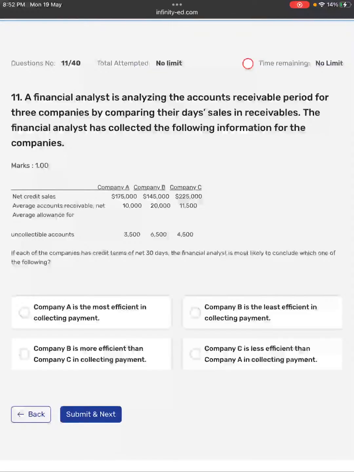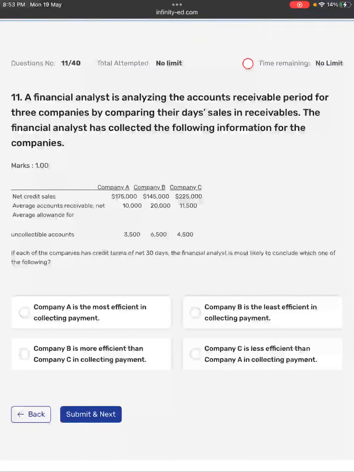The given credit term is 30 days. Is company A the most efficient in collecting payment? Company A is not, company C is the most. Company B is more efficient than company C? Company B is not. Company C is less efficient than company A in collection period.